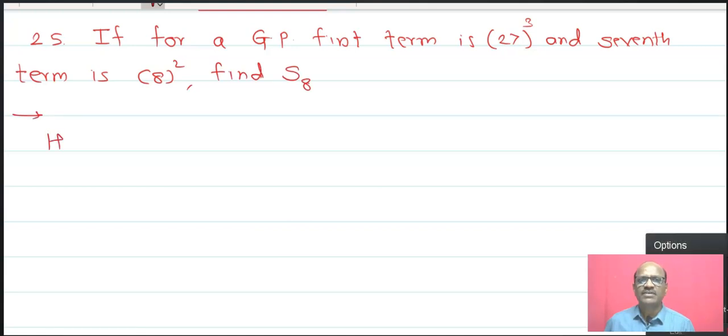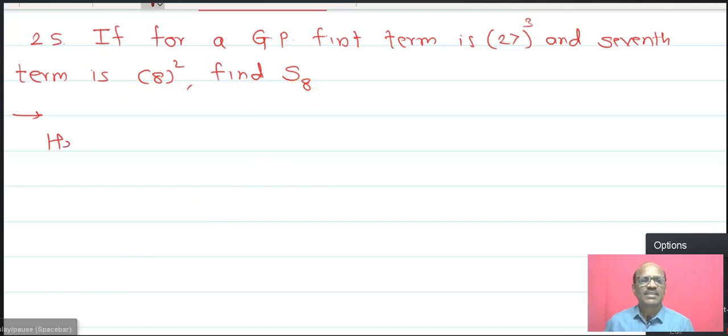Now we have given the term, that is the first term means what? The value of a is given, and the seventh term means what? T7 is given, and we want to find out S8.